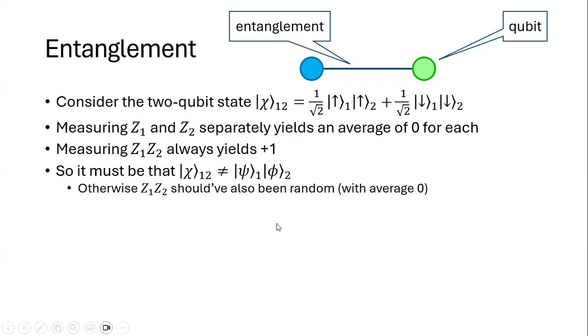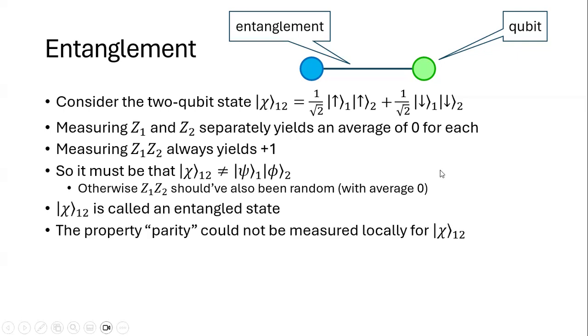So the statement that this state is separable, in the sense that it can be written as the product of the two individual qubit states, will not be true. Right, and that's what entanglement is: the fact that you cannot separate the state into individual qubit states, or the product of the individual qubit states. So these types of states are called entangled.